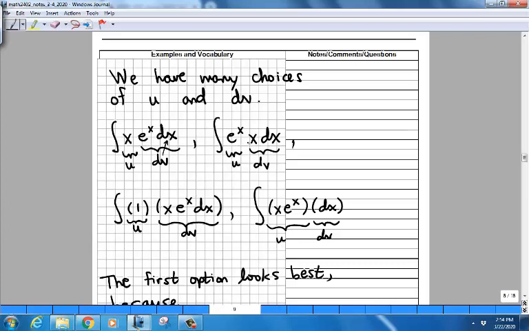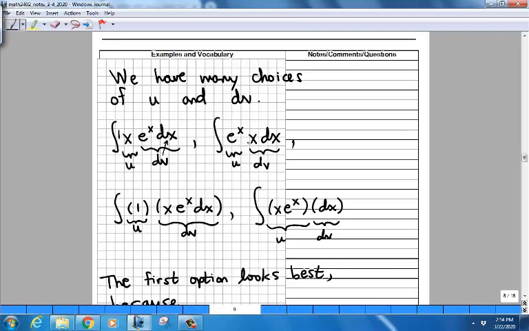You could let u be the e to the x, and you could let dv be the x dx, right? You could switch the x and the e to the x, and think of u as being e to the x and dv as being x times dx. Or you could think of u as just being 1, with dv being x times e to the x.